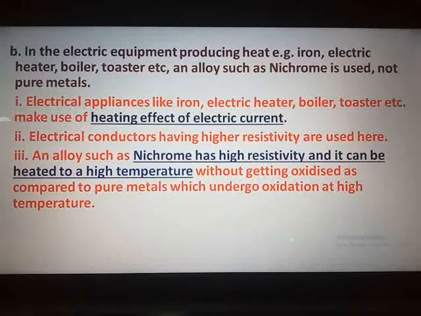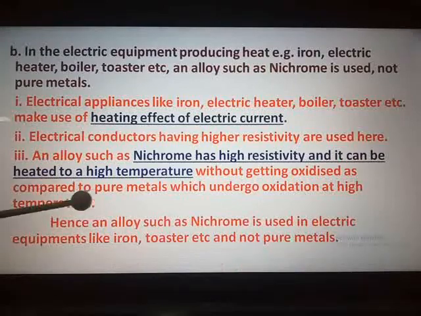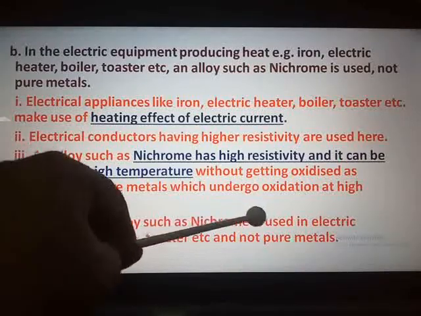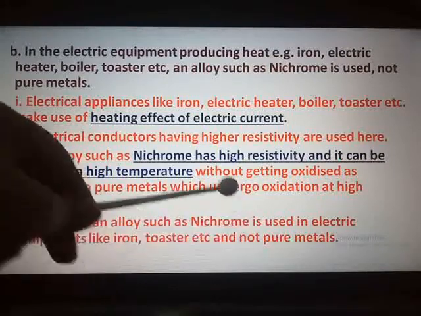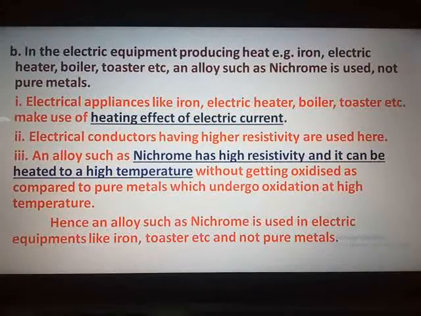So here you have mentioned the advantage of nichrome and disadvantage of pure metals, and hence an alloy such as nichrome is used in electric equipment like iron, toaster, etc., and not pure metals. Very simple. First point, you have mentioned that they work on the heating effect of electric current, and in the second point, the advantage of nichrome and disadvantage of pure metals in your own words.